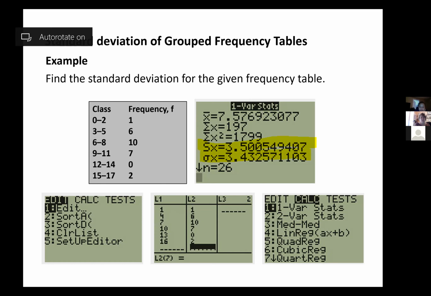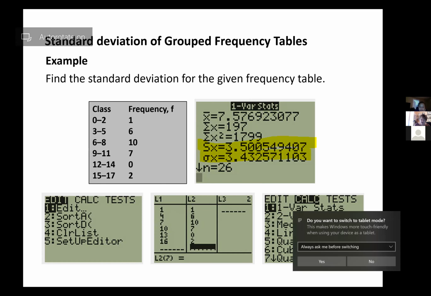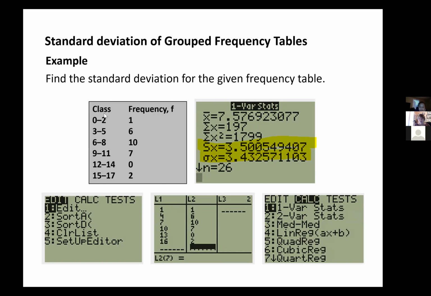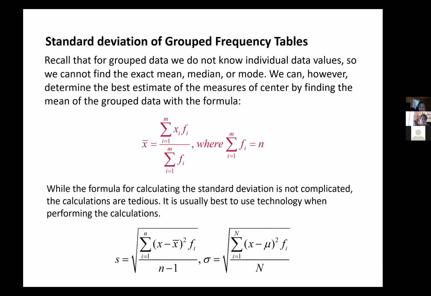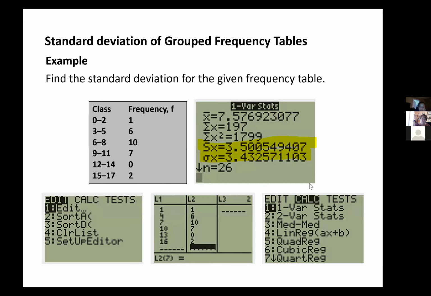And we have the frequency or the number of data values that are in each of these classes. So for example, the first class goes from 0 to 2, and we have a frequency of 1. So 1 data value between 0 and 2. 6 data values are between 3 and 5. 10 are between 6 and 8, etc.